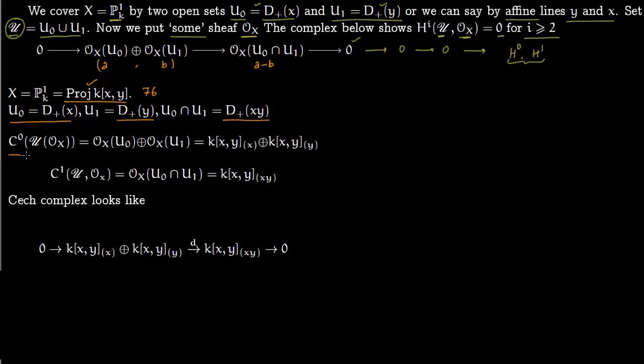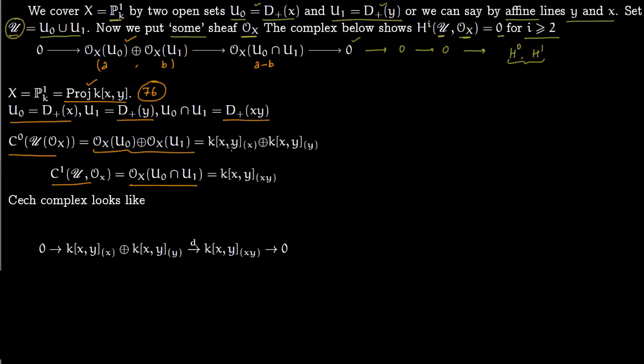And this is our complex. C0 looks like this, precisely copied from here, and C1 looks like this. On U0 you will have k[x, y] localized at x. This bracket means that these are degree 0 fractions. Again on page 76 you can find the details of these localizations.